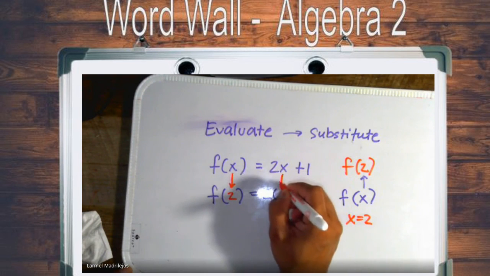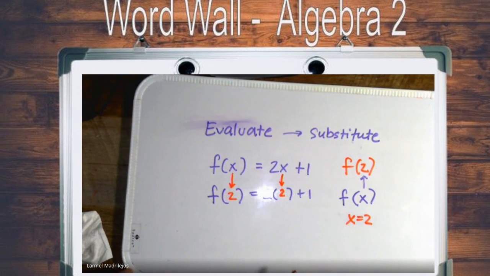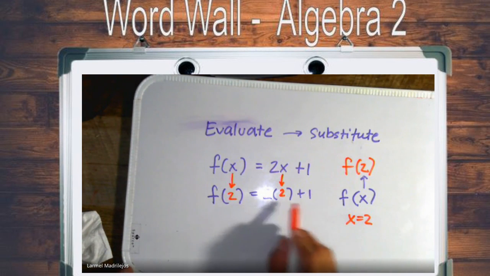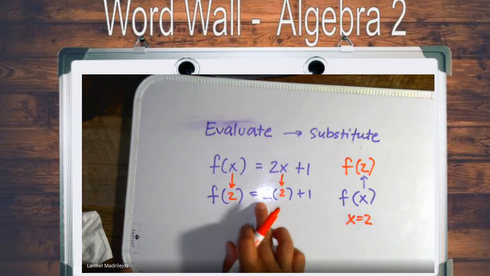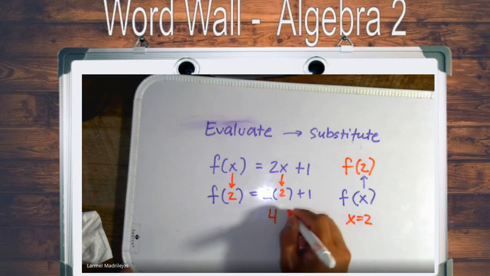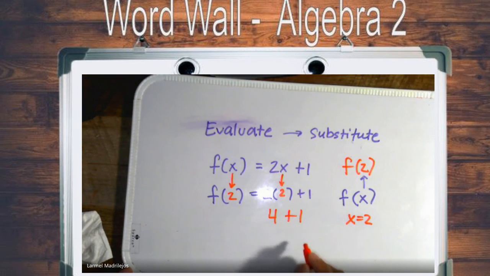And this is going to be 2 also. It's going to be 2 in parentheses plus 1. So this means I need to multiply 2 and 2. That makes 4 plus 1. Okay. So f of 2 is equal to 4 plus 1, 5. The value of f of 2 is equal to 5. Thank you.